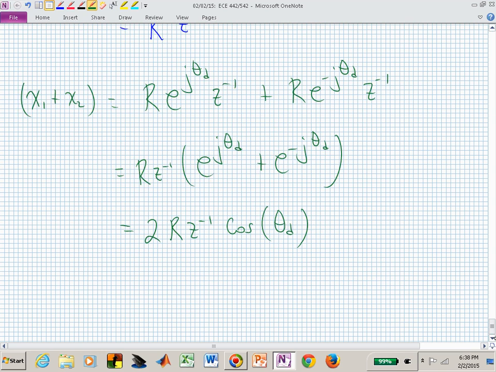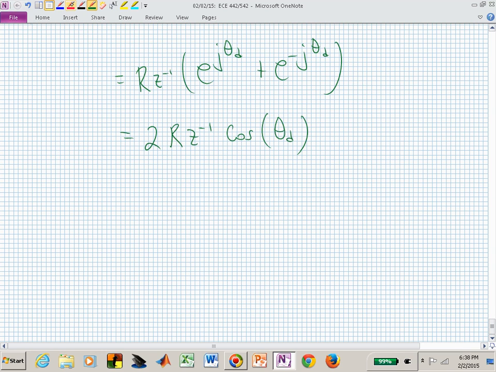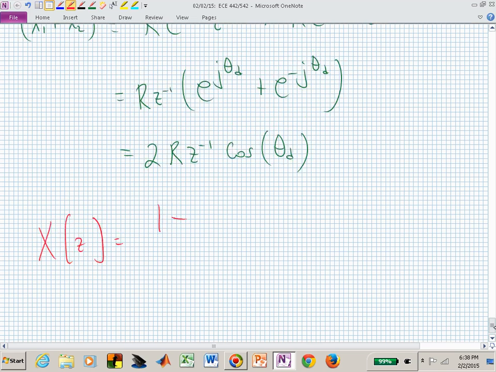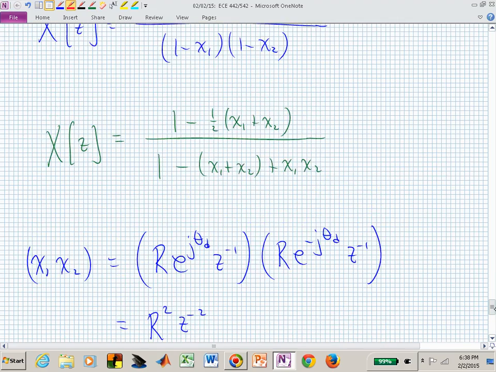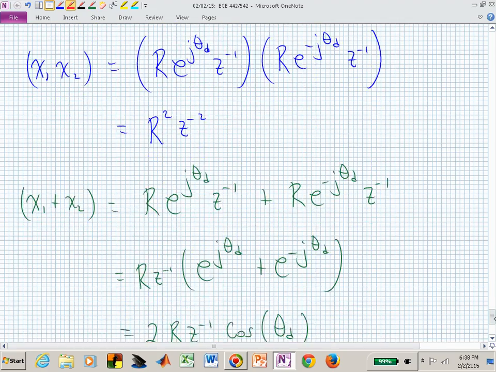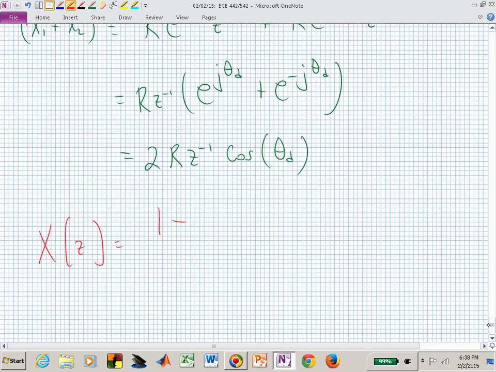We now can say that capital X of z is now 1 minus 1/2 x1, x2, but x1, x2 had a 2 there, so the 2's cancel, and we have 1 minus r z to the minus 1 cosine of theta sub d.